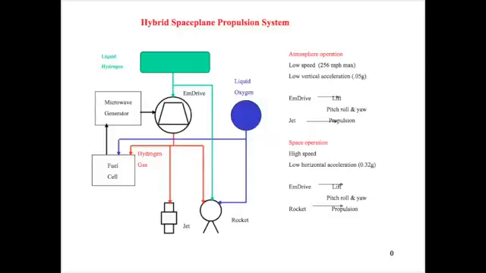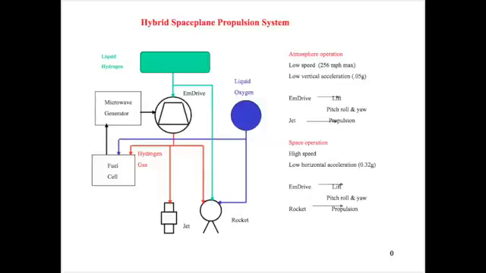Once you move out of the atmosphere, you then start to accelerate to higher speeds, but again you keep the acceleration levels low. Maximum acceleration we would apply to the vehicle would be something of the order of 0.32 of a g.